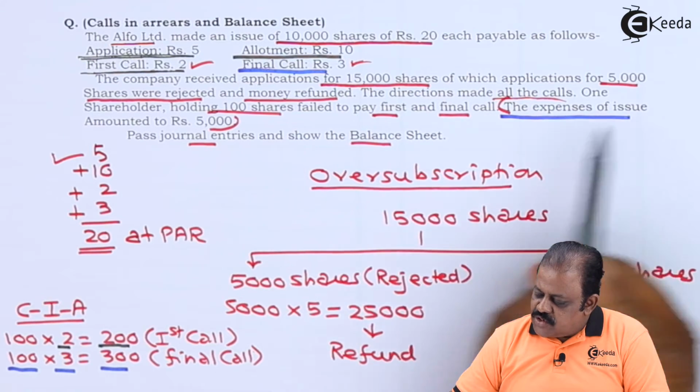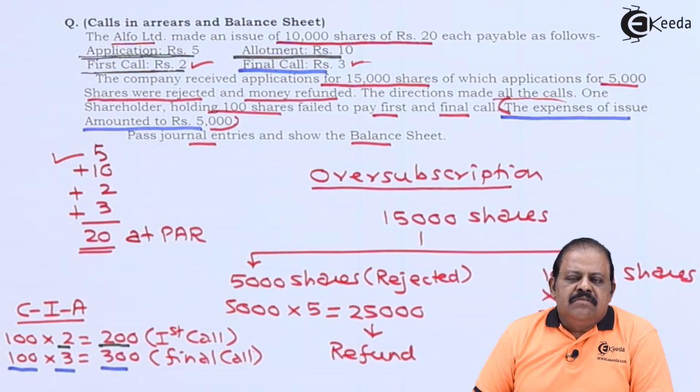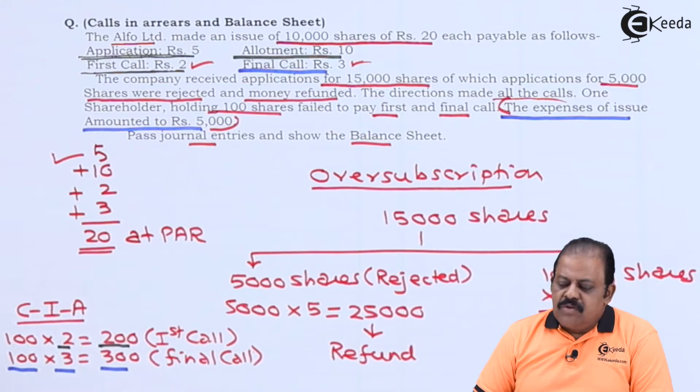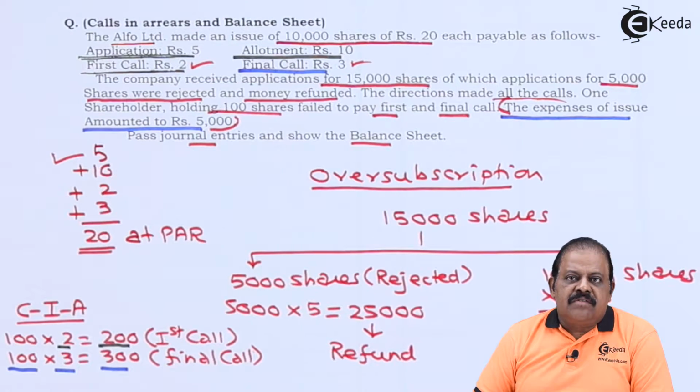The expenses of issue amounted to rupees 5,000. This is additional information we have in the question, so we are required to record this payment of rupees 5,000.